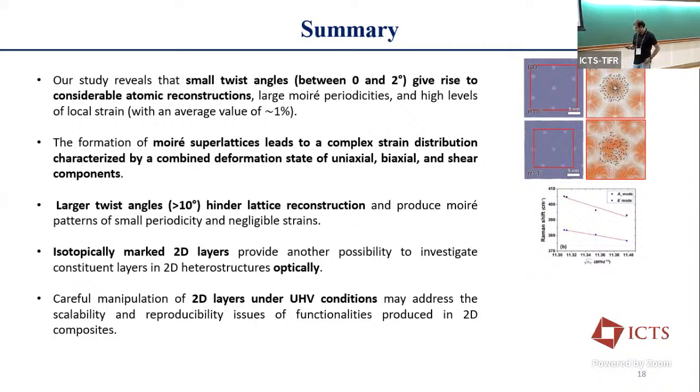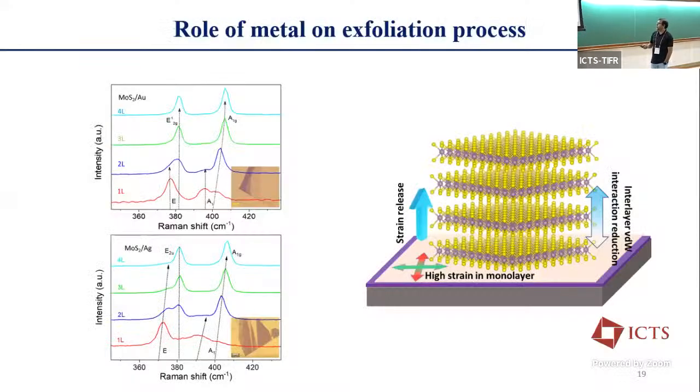I do have a backup slide for it, I think. Yeah, this one. So there is a complex strain produced if we want to exfoliate this kind of layer on metal. And this complex strain actually works against the van der Waals force between the layers in a bulk system.